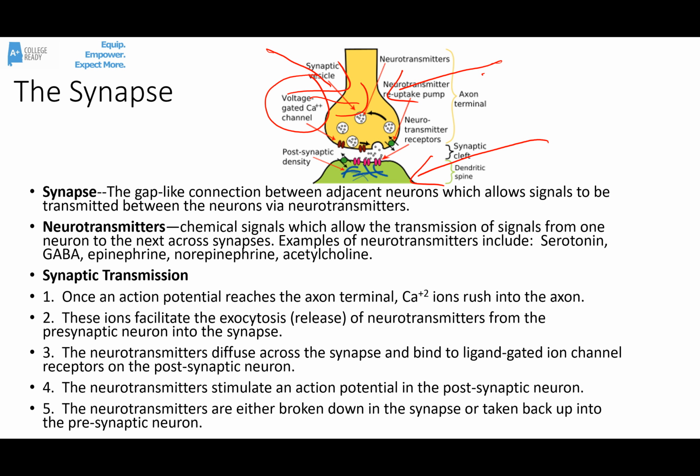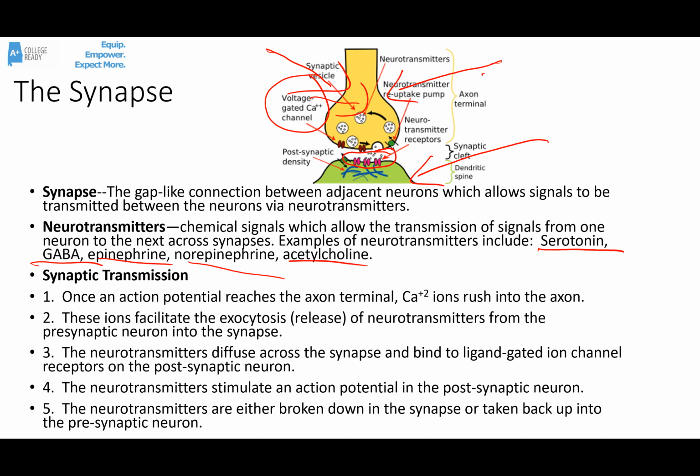I mentioned earlier some names of some important neurotransmitters in the body. Serotonin, GABA, epinephrine, norepinephrine, and acetylcholine are all good examples. But once these neurotransmitters are released, they diffuse across the synapse. They bind to receptors on the postsynaptic neuron.